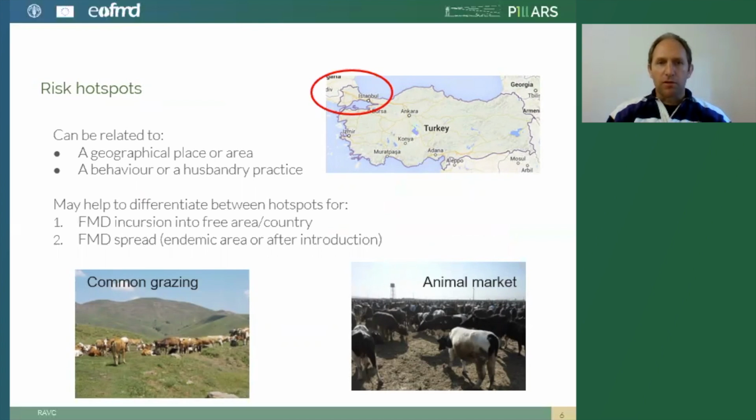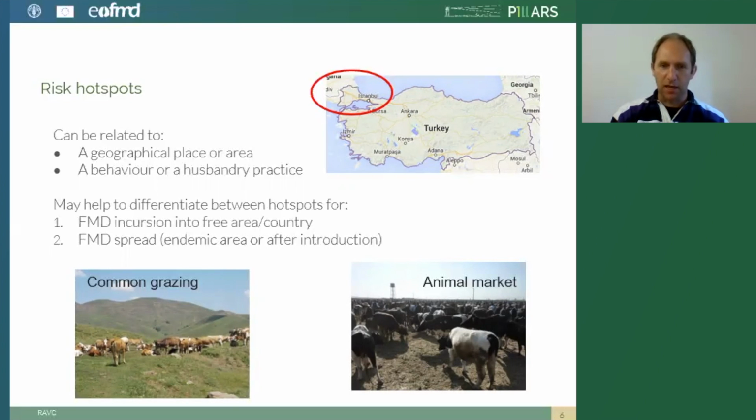So risk hotspots could be a geographical area which we think is particularly important for foot and mouth disease transmission and its impact. It could be a certain activity that stakeholders, such as farmers, are doing that is high risk. For example, animal markets, if they're not well controlled, there's a risk of spread and transmission.